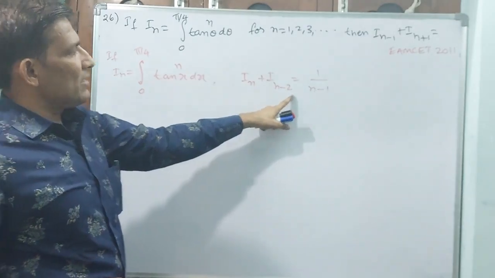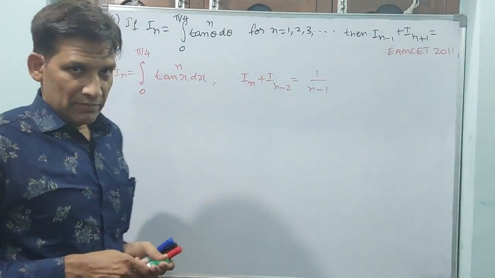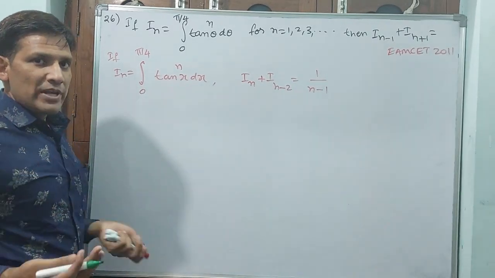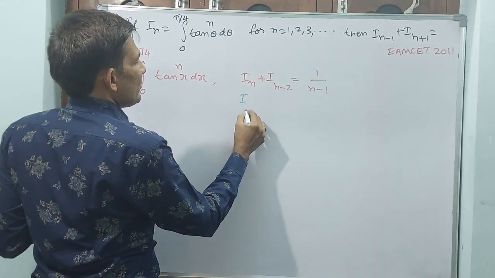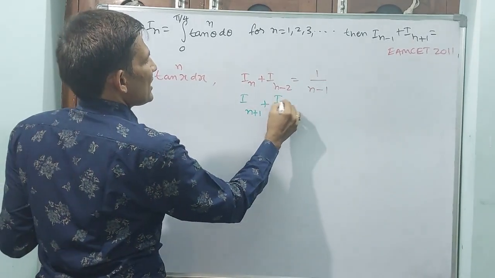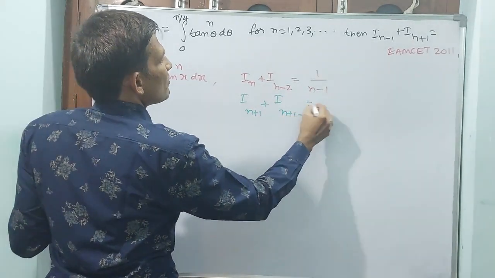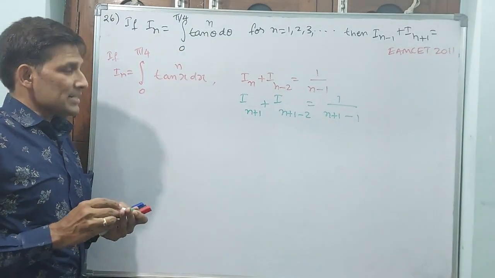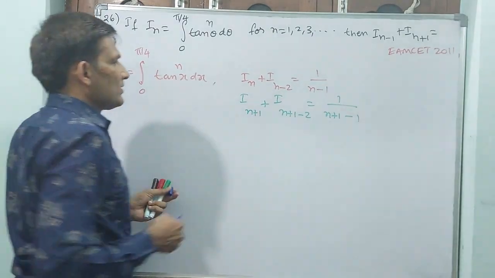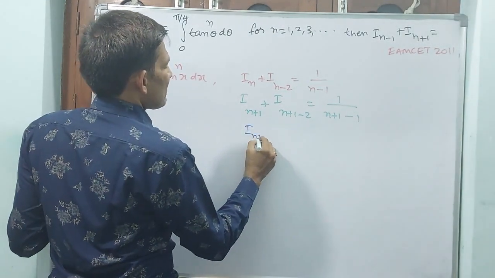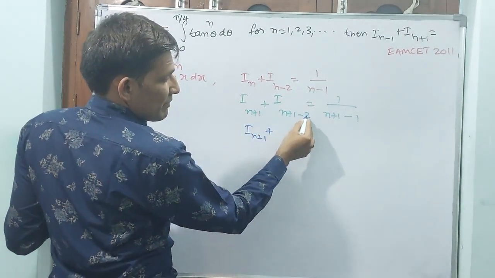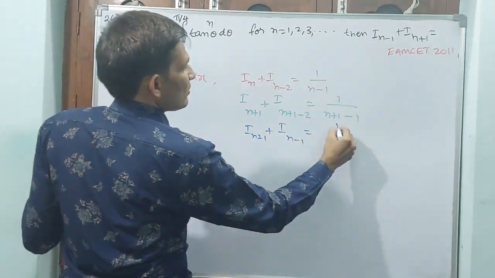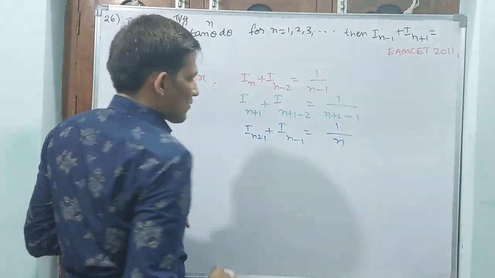Now in place of n, I am going to put n plus 1. I_{n+1} plus I_{n+1-2} is equal to 1 by (n plus 1 minus 1). Understand the logic? So I_{n+1} plus I_{n-1} is equal to 1 by n, since the plus 1 minus 1 gets cancelled out.